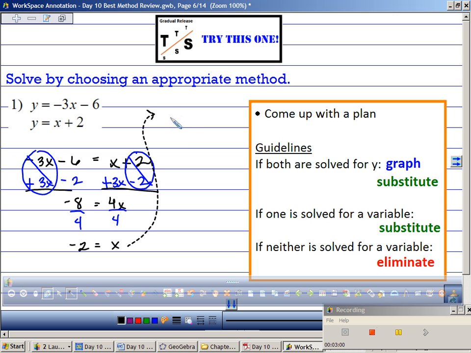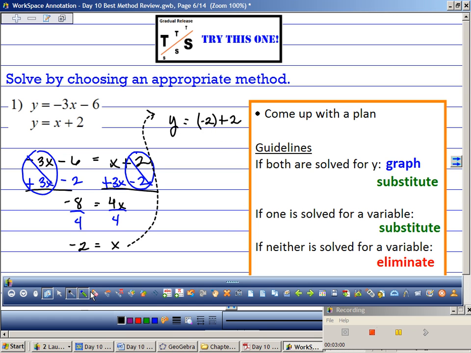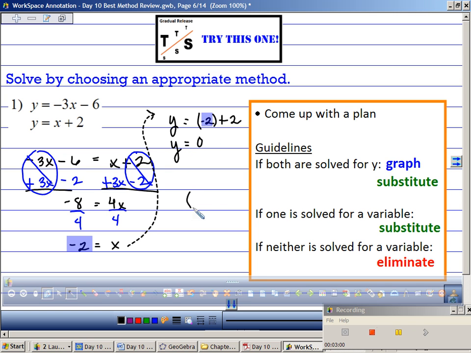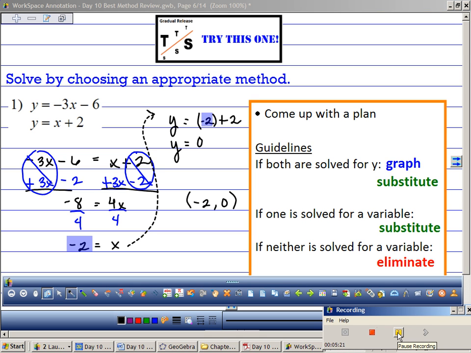Bottom one is easier, right? You guys ready? Done?